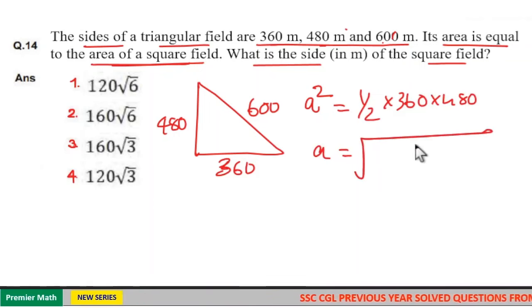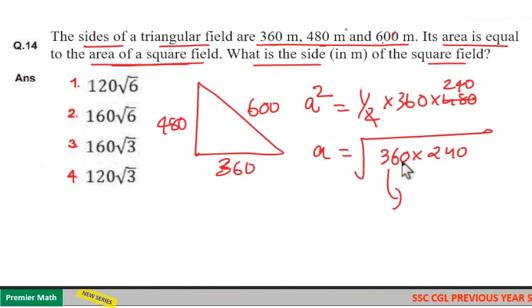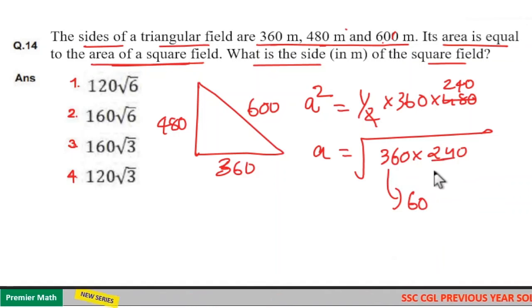Now a is equal to root of, here 2 goes 240 times in 480. So this is a is equal to root of 360 into 240. Here this is 360 into 10 is 3600. So 60 square is equal to 3600. So this is 60. Root 3600 is 60.